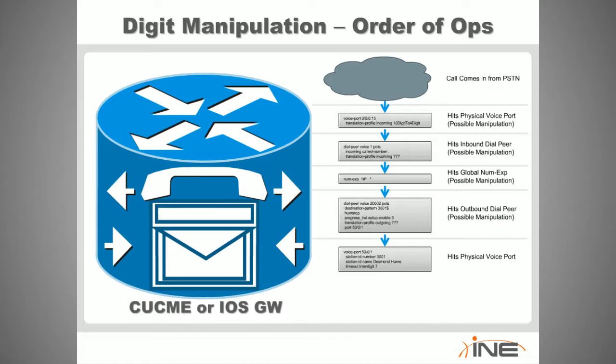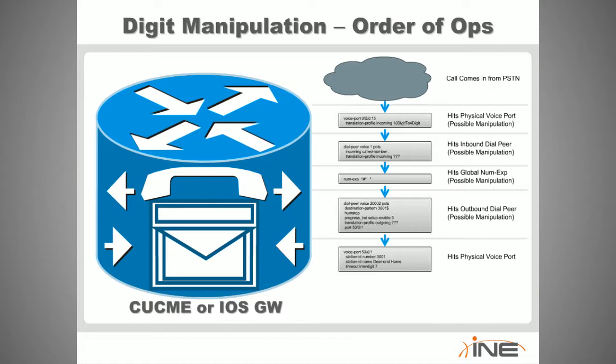So we can change that default to no digit strip. So no digit strip or digit strip, prefix a number, forward digits all, forward digits 3, forward digits 12. Those are all other forms of outbound POTS dial peer digit manipulations. Another form of outbound VoIP dial peer manipulation would be, as we mentioned, tech prefix.